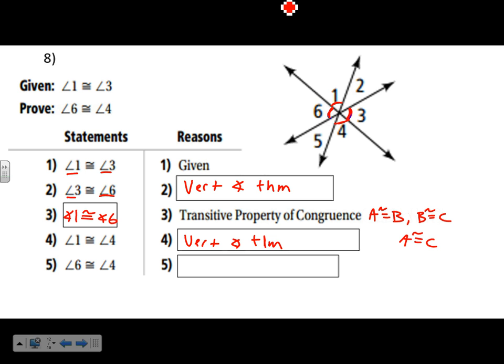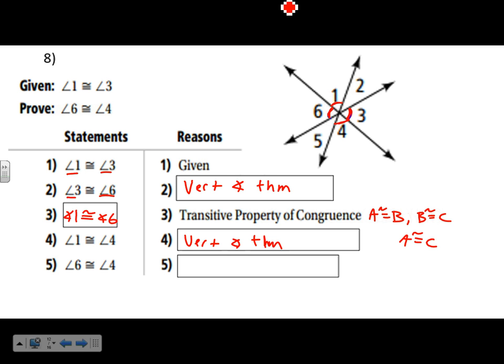Supposed to be an H, sorry. And angle 6 and angle 4 are congruent. So let's see what that reasoning would be.